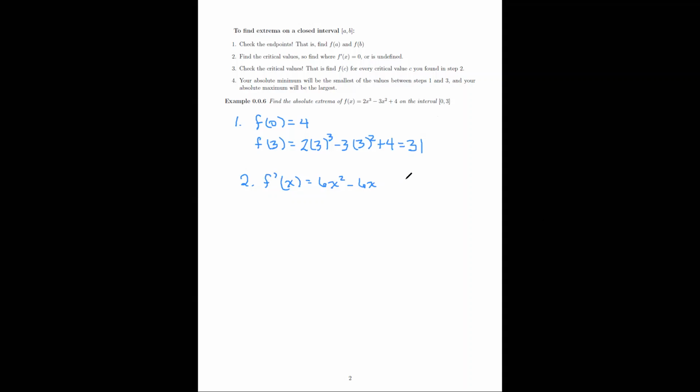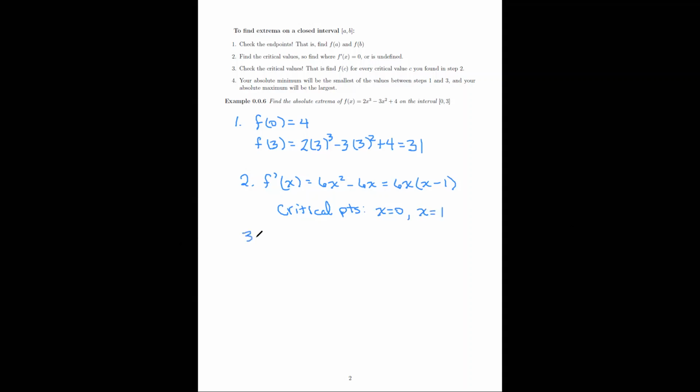In order to find the values at which this would equal 0, we're going to go ahead and factor. So we can factor out a 6x, and we're left with 6x times x minus 1. So our critical points are going to be at x equals 0 and at x equals 1.